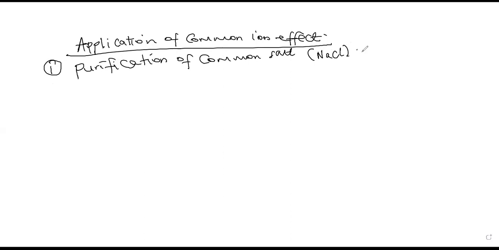So basically, we need to know that sodium chloride contains some quantities of calcium chloride and magnesium chloride, and that those quantities make it deliquescent. So we are going to find out that the sodium chloride is purified by adding concentrated hydrochloric acid into its saturated solution, which increases the concentration of the chloride ions.